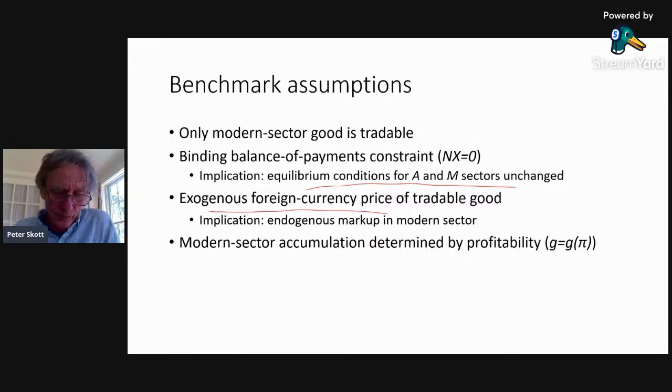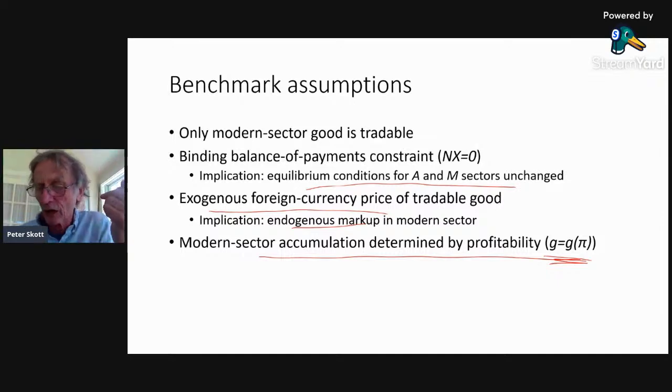If we now assume an exogenous foreign currency price of the tradable good, so a perfectly elastic demand for tradable goods, that means that the markup has to become endogenized. If firms in the modern sector raise their prices above the international good prices in common currency, then they would sell nothing. So endogenous markup in the modern sector, and we can now have modern sector accumulation. We endogenize that by making it a function of the profit share.